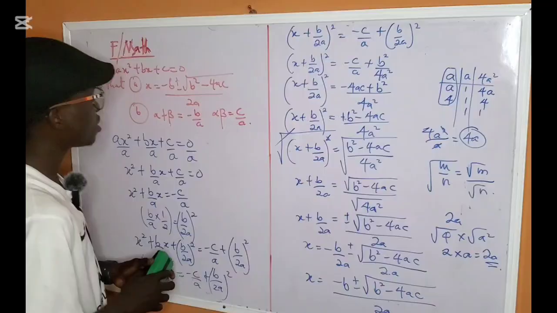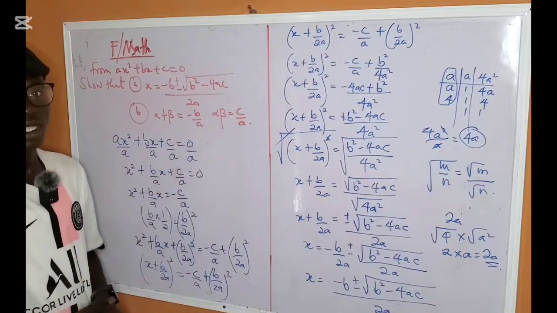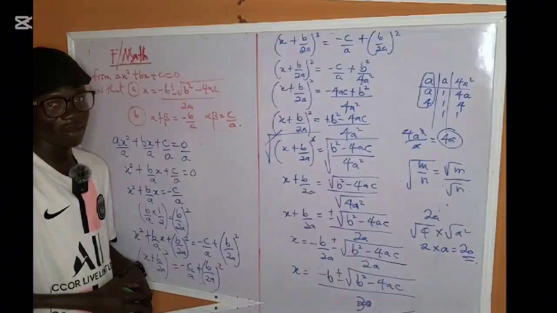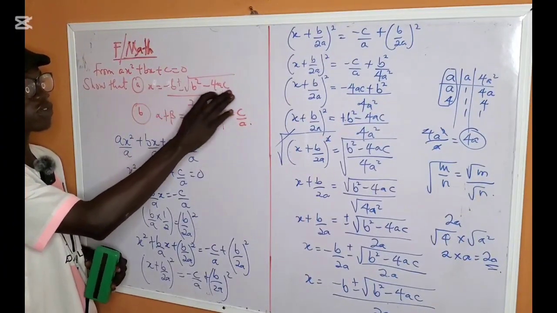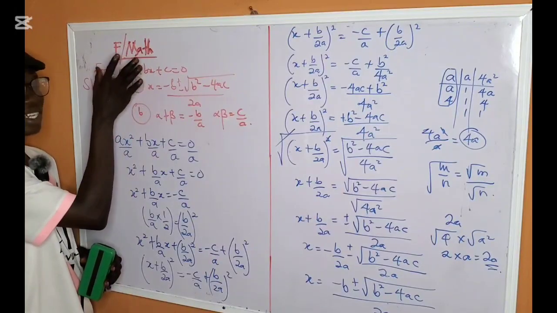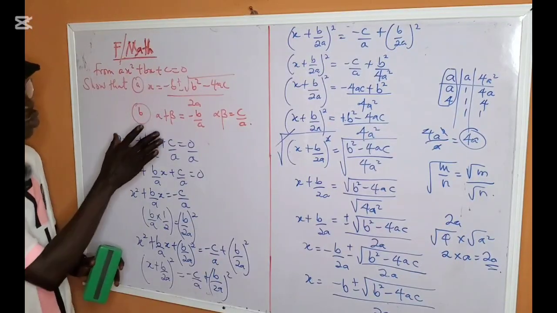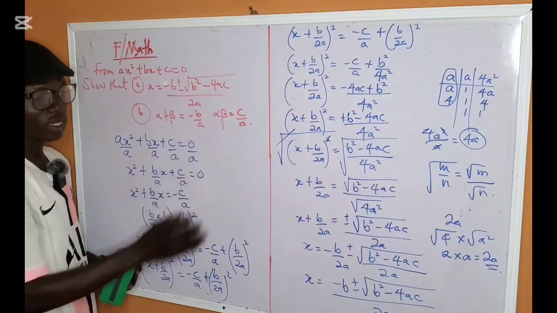So the next one is to show that alpha plus beta equals minus b over a and alpha beta equals c over a. Now that we've shown that x equals minus b plus or minus square root of b squared minus 4ac over 2a, which is our quadratic formula, starting from the quadratic general equation, then we need to show that alpha plus beta equals minus b over a and alpha beta equals c over a.